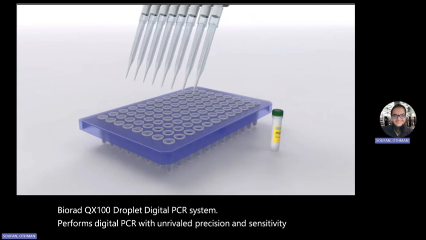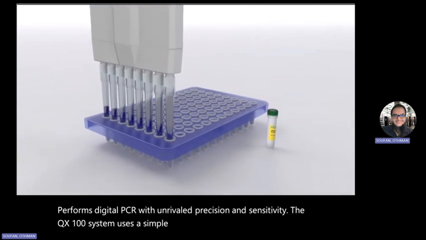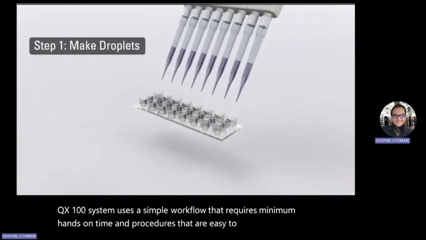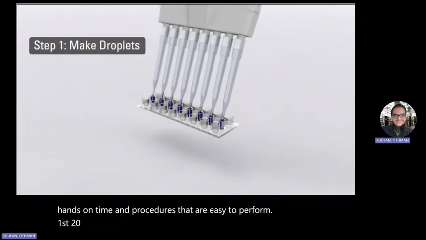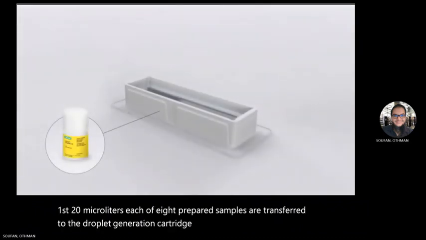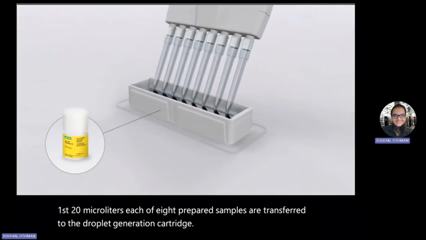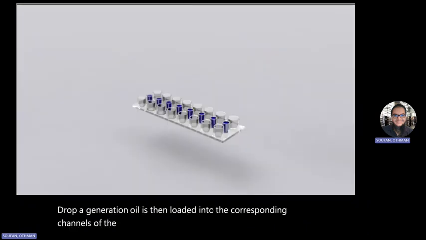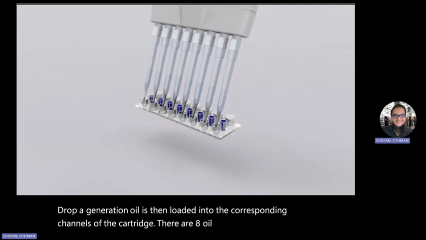The QX100 system uses a simple workflow that requires minimum hands-on time and procedures that are easy to perform. First, 20 microliters each of 8 prepared samples are transferred to the droplet generation cartridge. Droplet generation oil is then loaded into the corresponding channels of the cartridge. There are 8 oil channels, 1 for each of the samples.